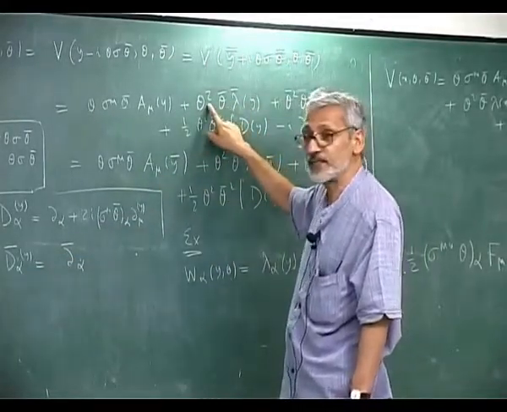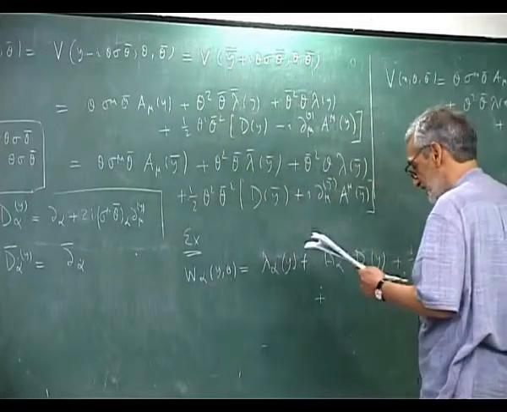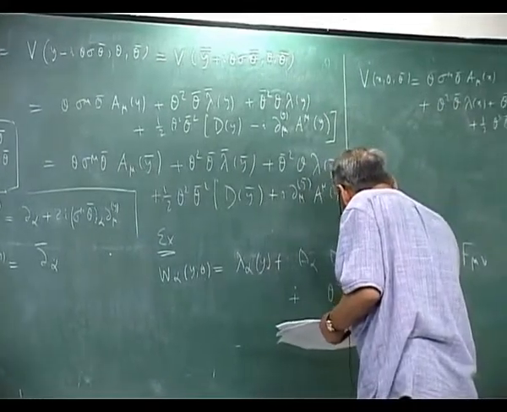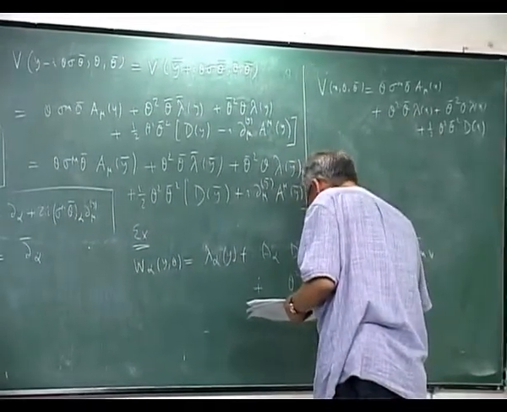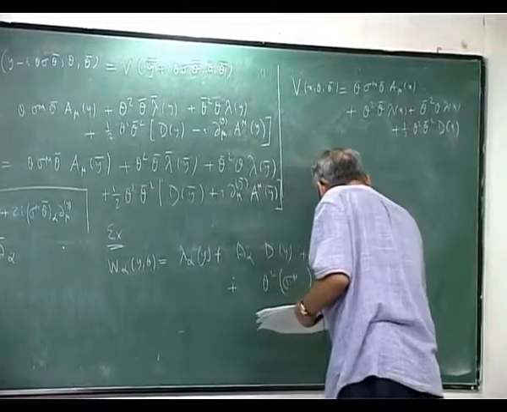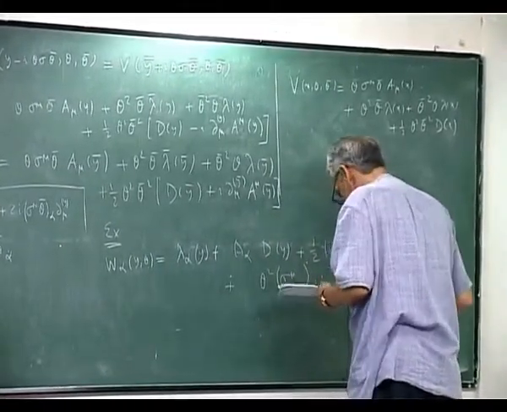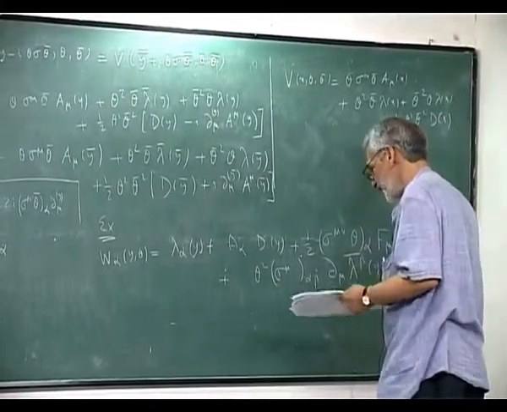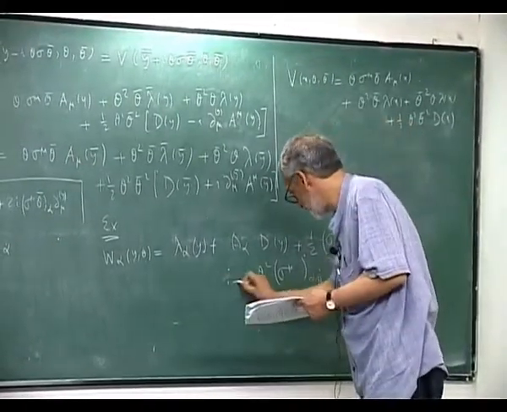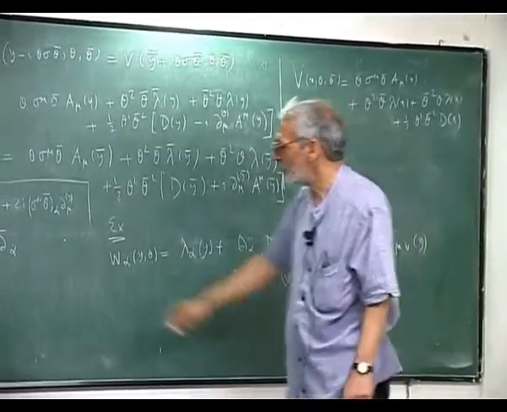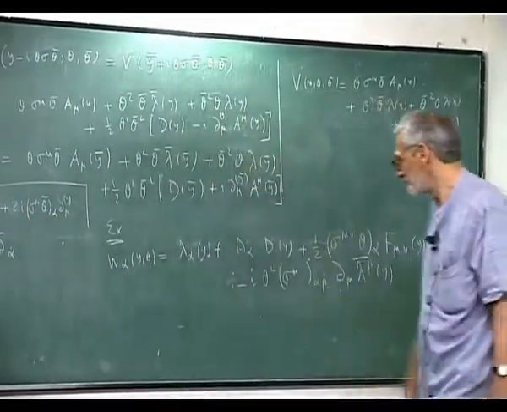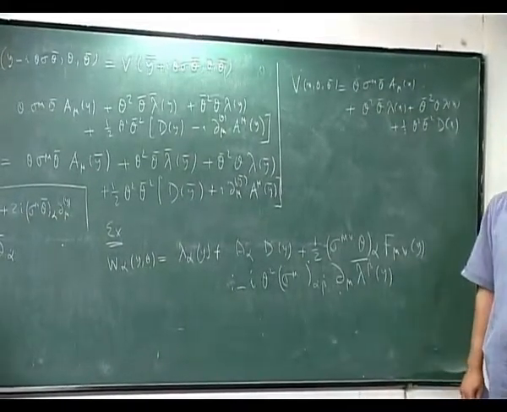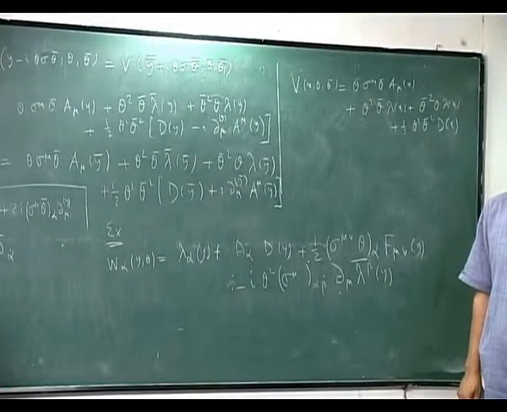So you will be left with theta square term. So the next is theta square term. Theta square sigma mu alpha beta dot d mu lambda bar beta dot y. And if you do it carefully, it is minus I. I comes from here. So this is the expansion of the chiral superfield W.